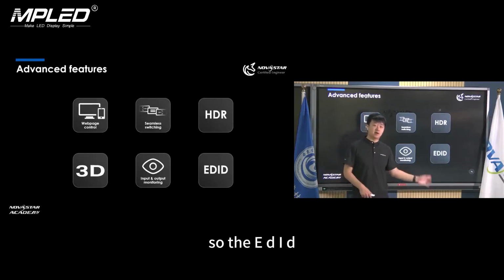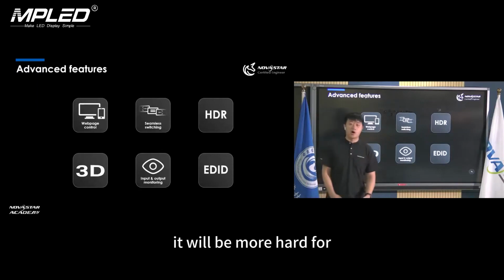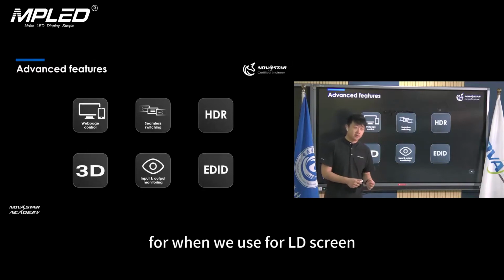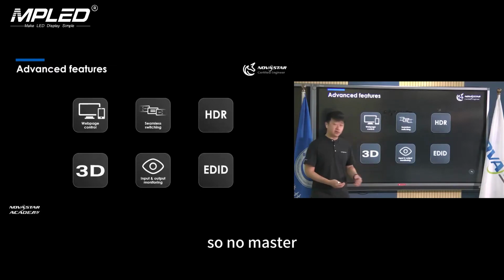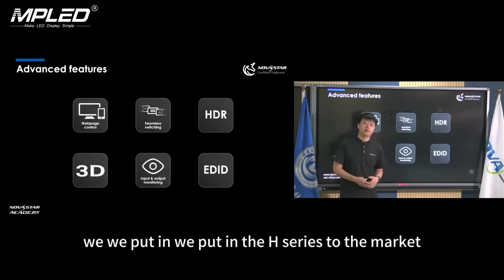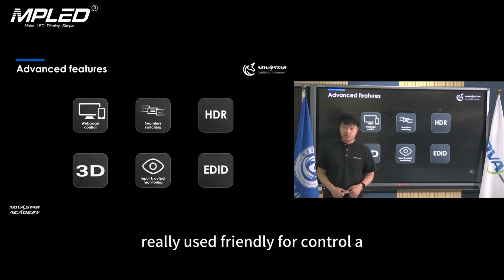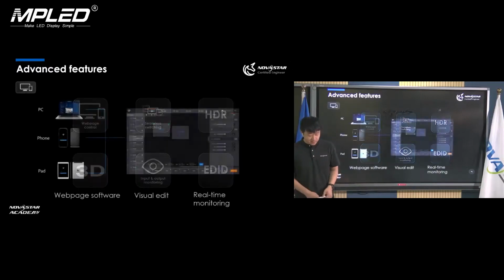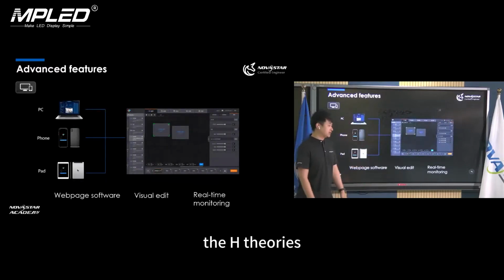So the EDID, we're talking about mostly the output side, will be harder when we use it for an LED screen. So as an LED control system manufacturer, Novastar has been putting the H series to market. The EDID management will be really user friendly for controlling an LED screen. And so this is a simple structure for when we're using the H series.